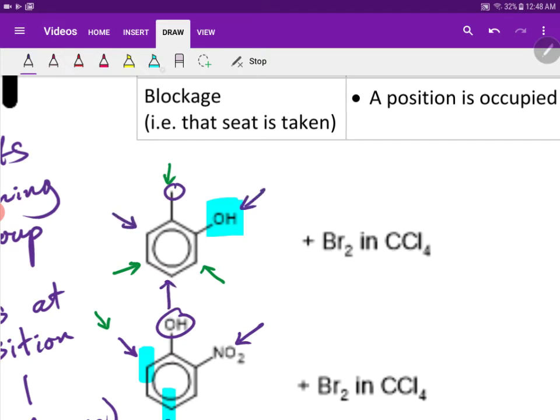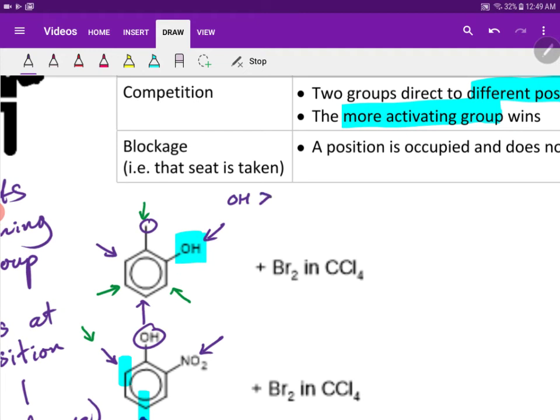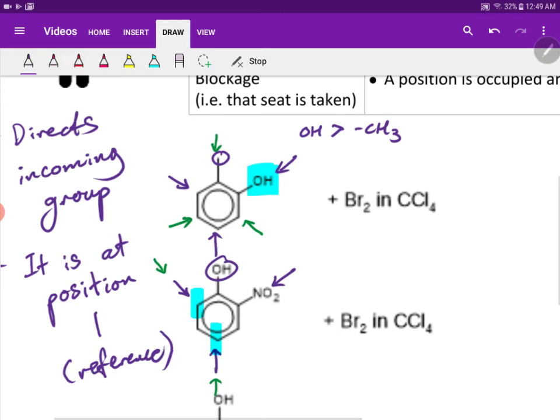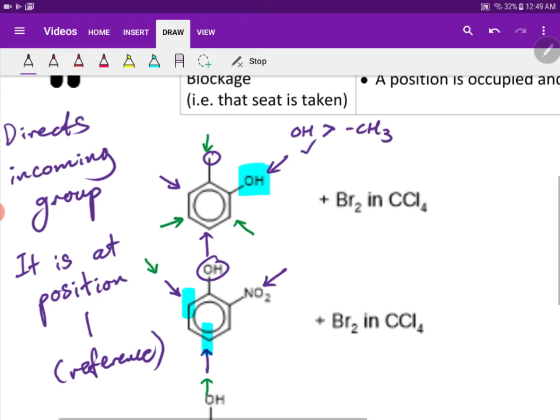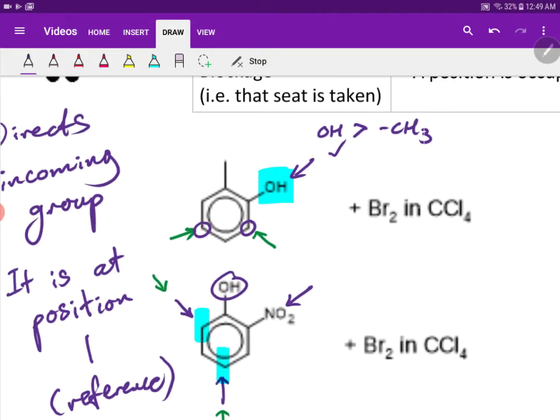As we know that the OH group is more activating than the CH3 group, the methyl group, it will be dominant. So we'll only be able to direct to the green positions. Since this position is occupied, it will not be filled, so we can either fill this position here or this position as our major product.